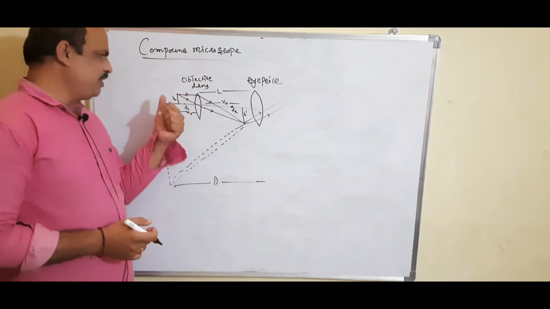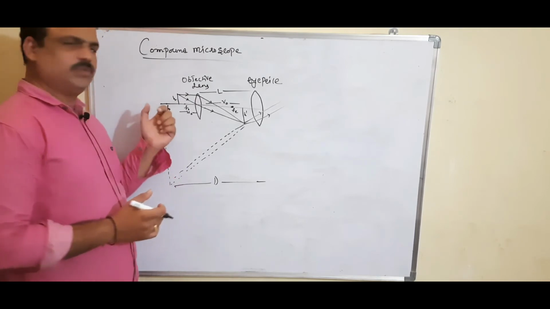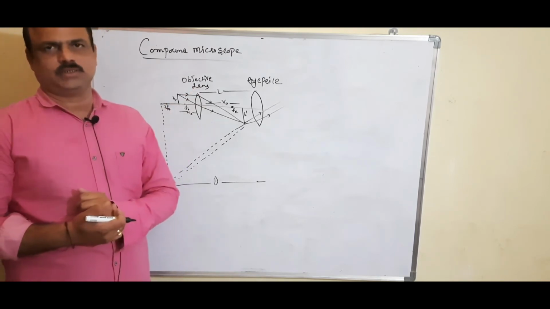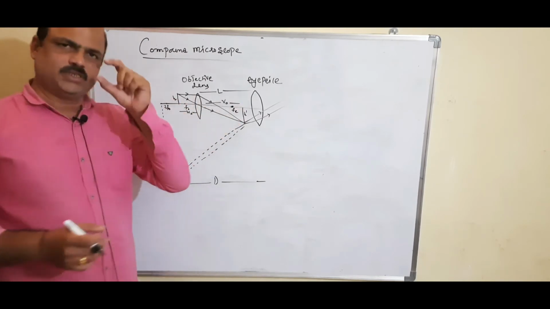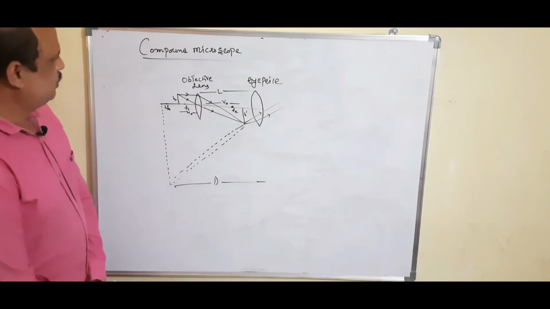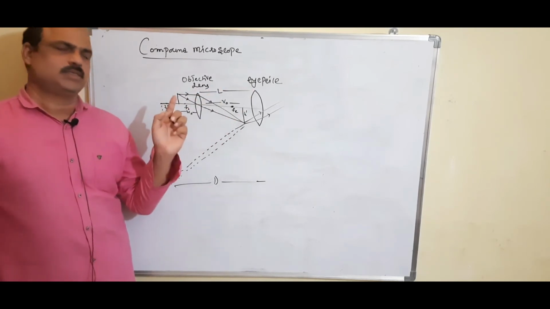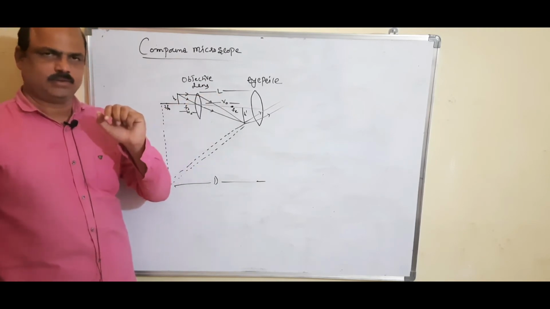The lens which is close to the object is called the objective lens, and the lens which is near to the eye is called the eyepiece. The distance between objective lens and eyepiece is L.